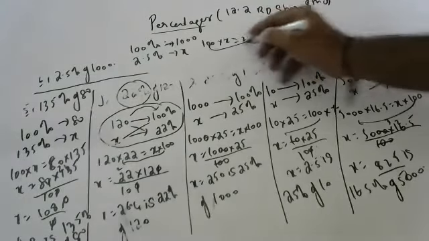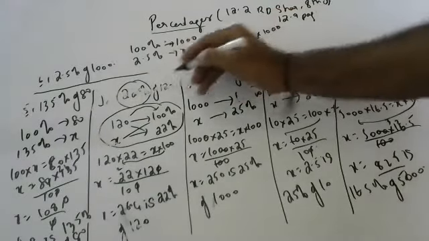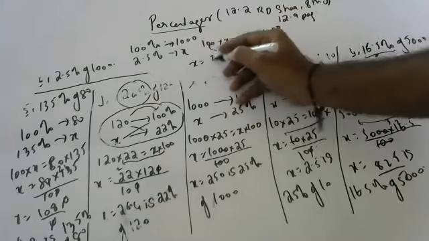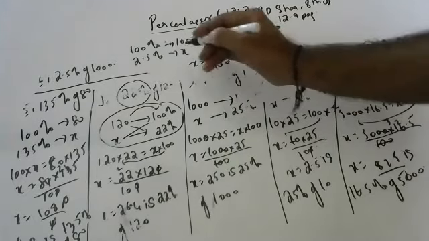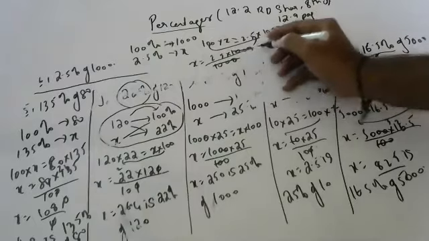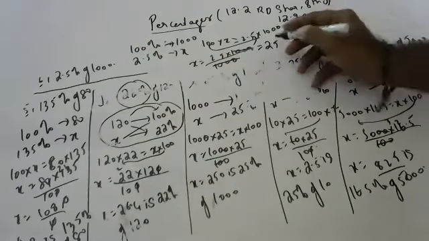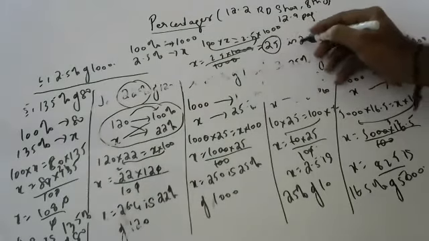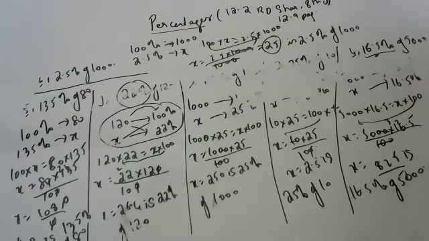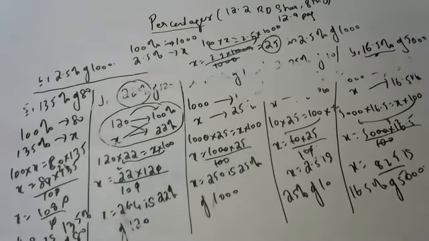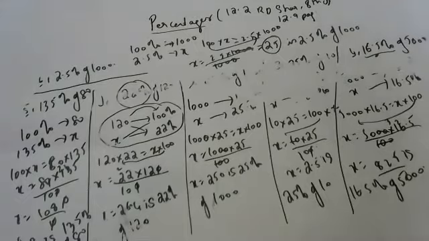Bring this down. 2.5 into 1000 by 100. Remove this, the point will become 25. 25 is 2.5% of 1000. Yes, like this you should do, children.